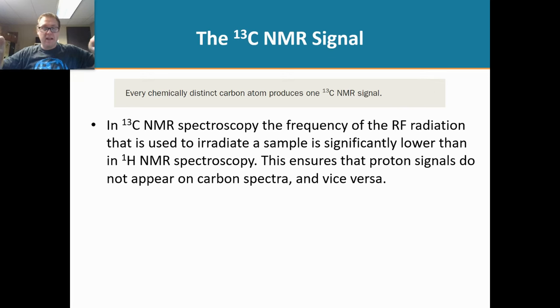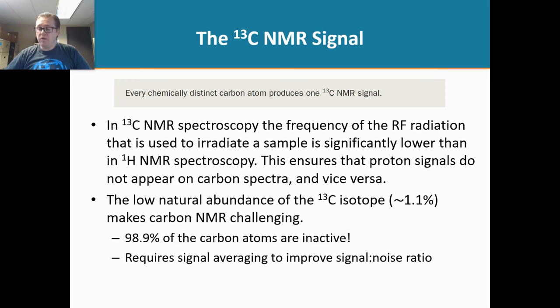There's never going to be any overlap. You're never going to do a carbon NMR and get some proton NMR at the same time. They're totally separate experiments because we're using different frequencies. So that's very convenient. There's no overlapping.